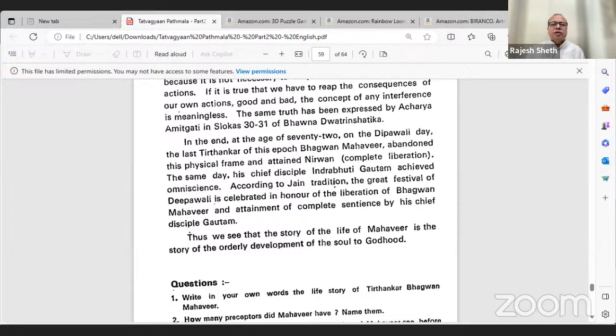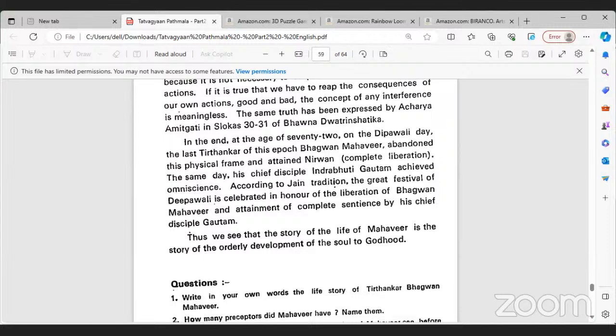Since they don't have nays, they cannot prove the nature of things. But Jainism has this nay, or viewpoint. Because of this, the Tirthankar's sermon is able to preach the correct nature of things.